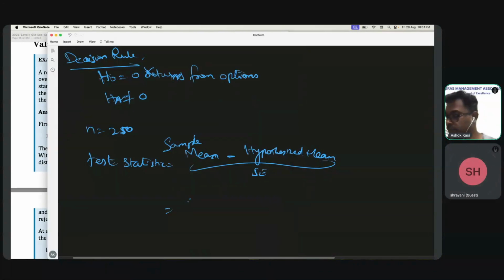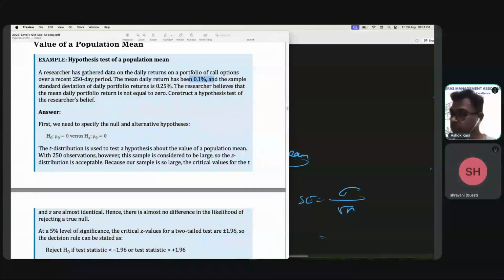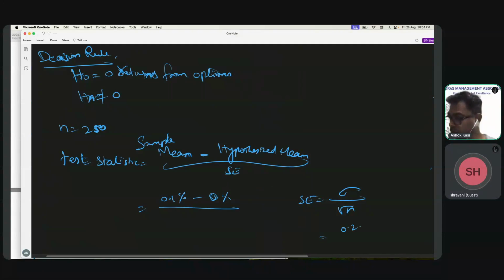So the sample mean is 0.1 percent, minus the hypothesized mean, which is 0 percent. This is what the market believes. Standard error is the standard deviation divided by root n. The standard deviation is 0.25 percent, divided by root 250.